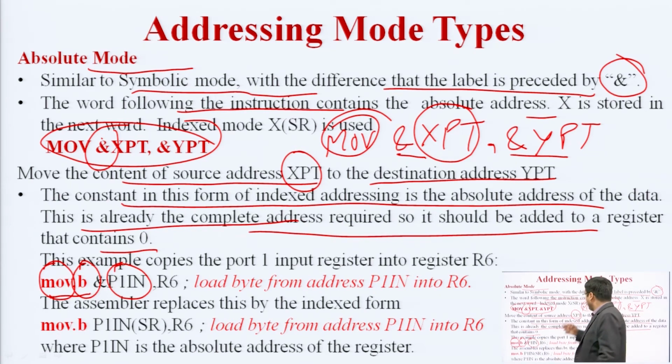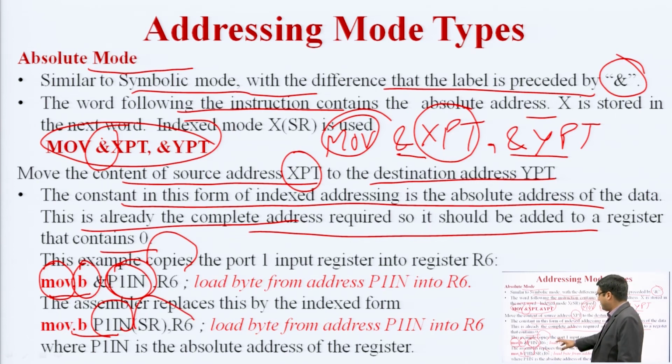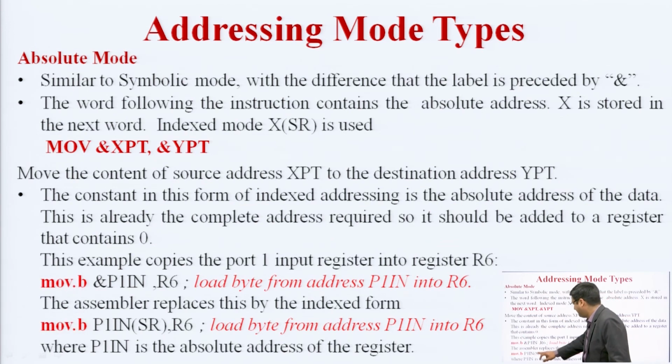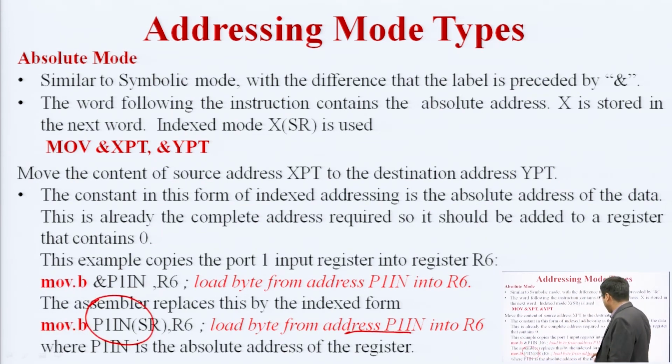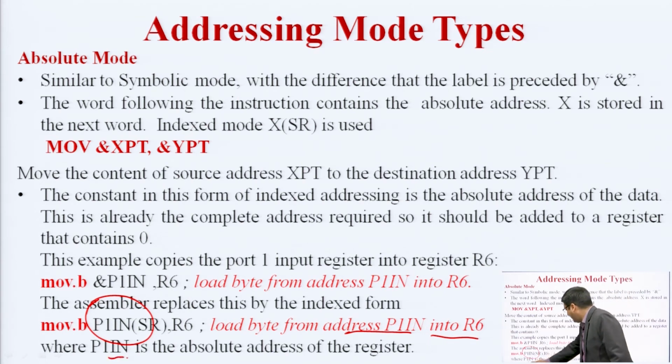P1IN means that we are moving the 8-bit value into the R6 register. Similarly, MOV.B loads a byte from address P1IN into R6. Basically the source represents an address, here the address P1IN. So, we are loading the byte from address P1IN into R6. P1IN is an absolute address of the register.